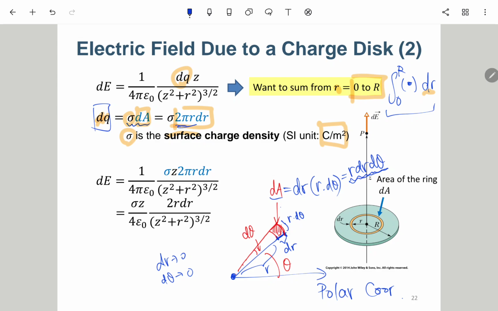So why is there a 2 pi there? Actually, for d theta we consider that the charge density doesn't relate to the angle.